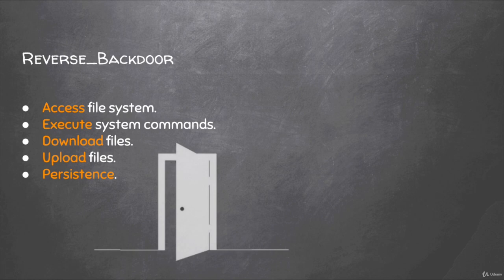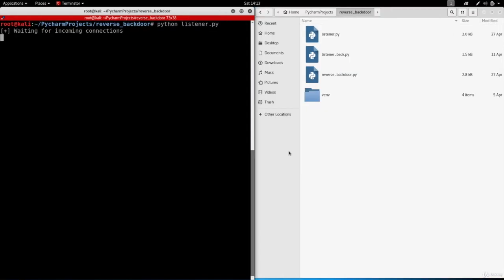For example, you'll be able to write a web server, a chat program, and so on. Now, right here, I'm already at the hacker machine, and as you can see, it's already listening and waiting for incoming connections. Once the backdoor gets executed on a computer, we will get a connection, as you can see here.